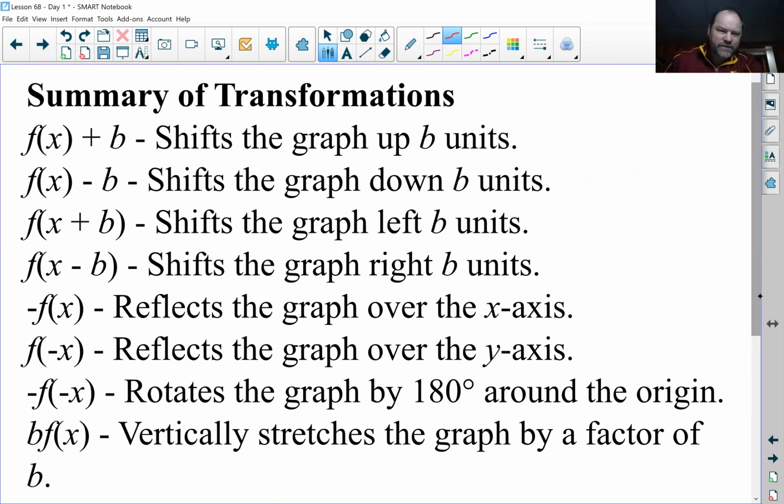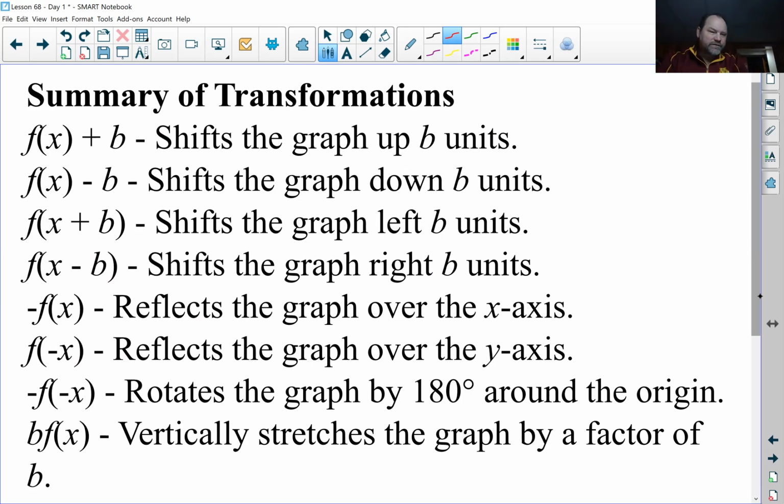If we subtract something after it, that shifts us down. If we take that base to x plus a value in the exponent, that is going to move us to the left. If our exponent is x minus a value, that moves us to the right.